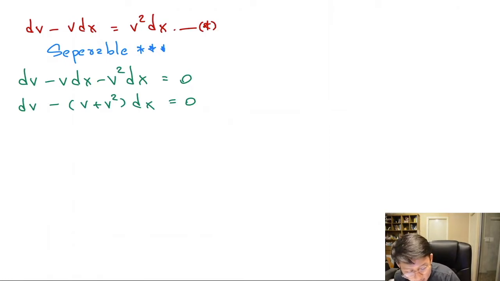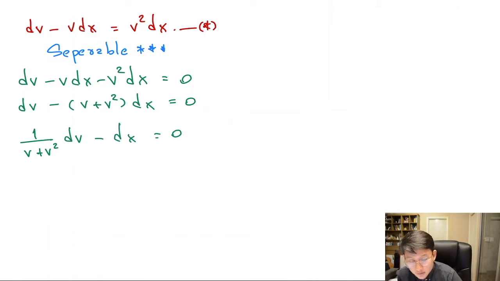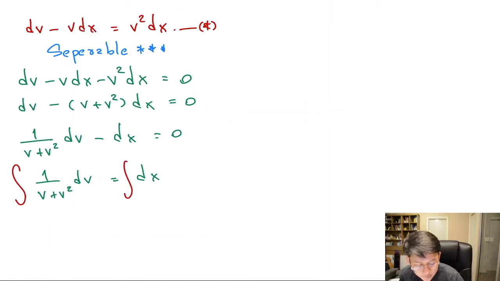So I have 1 divided by (v plus v squared) dv minus dx equals 0, right? In that case, I can even write it like this. You don't need to, but it might be easier to look at. So then I integrate this plus c.